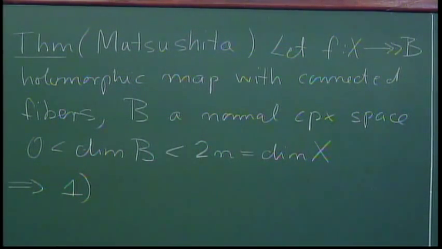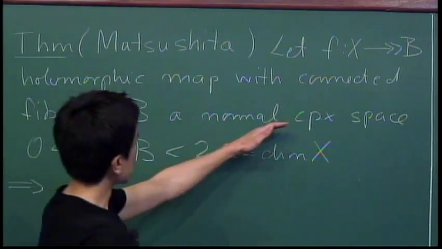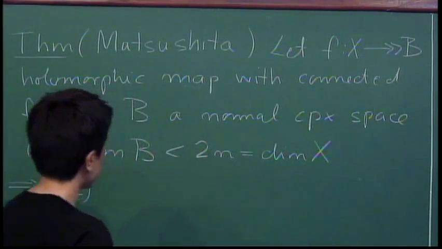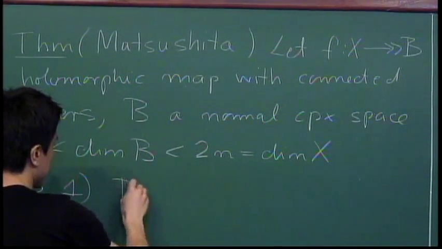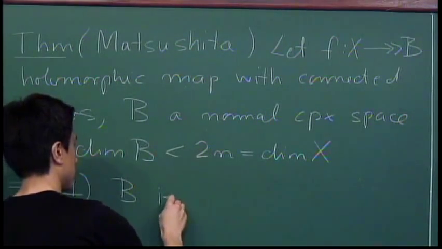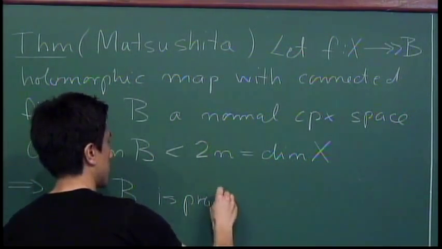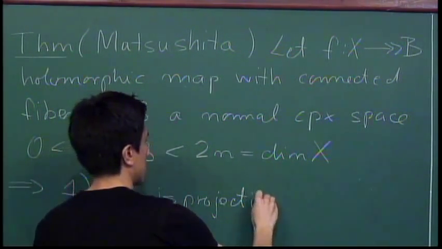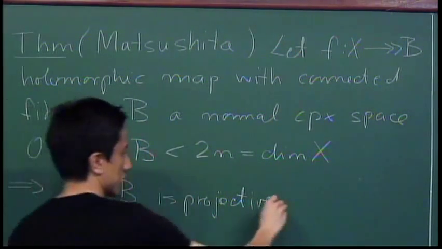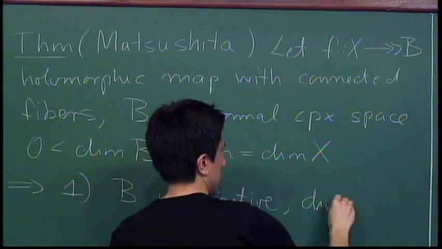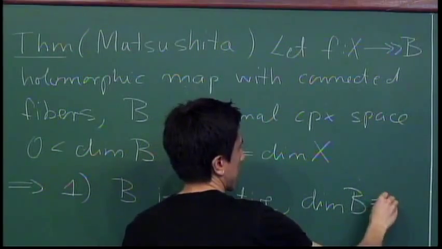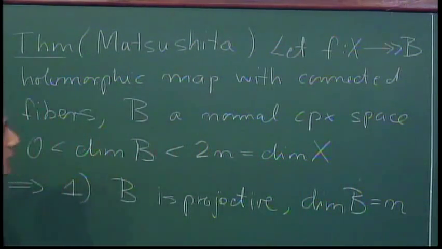The first part is we just assumed B a complex space, but it follows that it is projective. And the dimension of it is exactly half the dimension of X, so n.